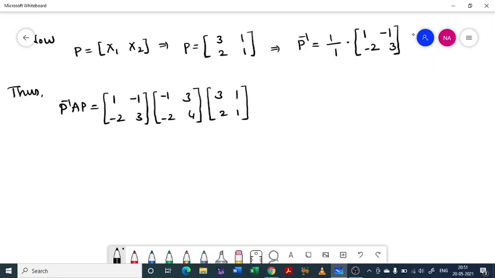Now multiply. I'll write here only. You can do it in any order usually, but what I usually do is first multiply A and P, then multiply P inverse with the product of A and P. So this P inverse will be as it is: 1, minus 1, minus 2, 3.